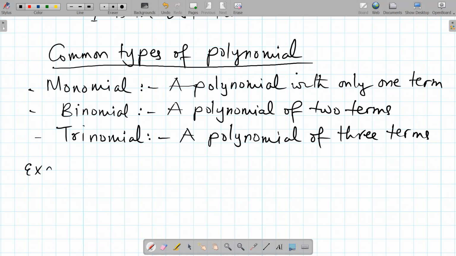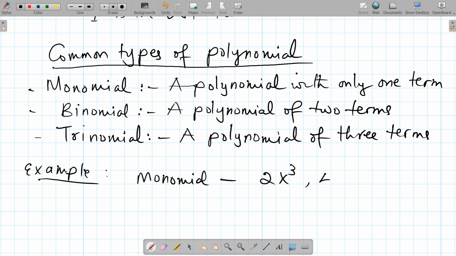An example for the monomial: you have something like 2x^3. This is a monomial. You can have 4x, it's a monomial. If you have -2, it's still a monomial.